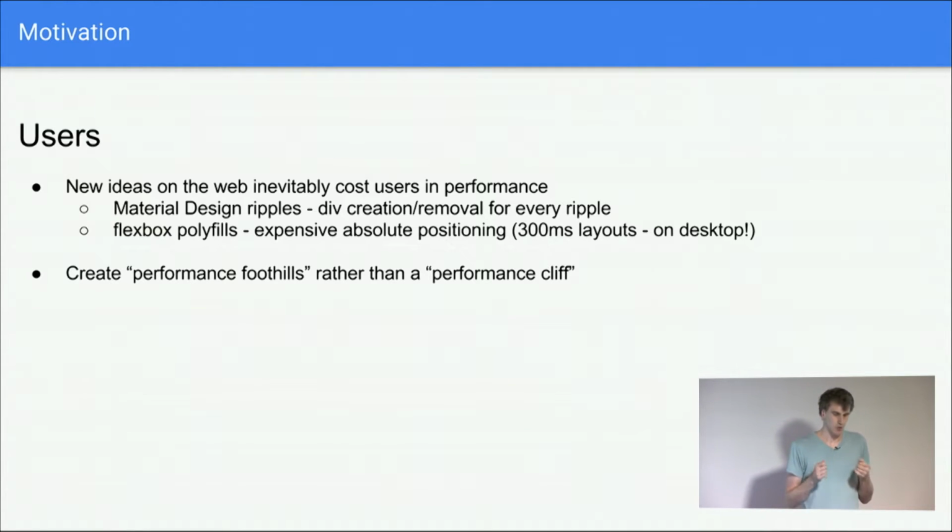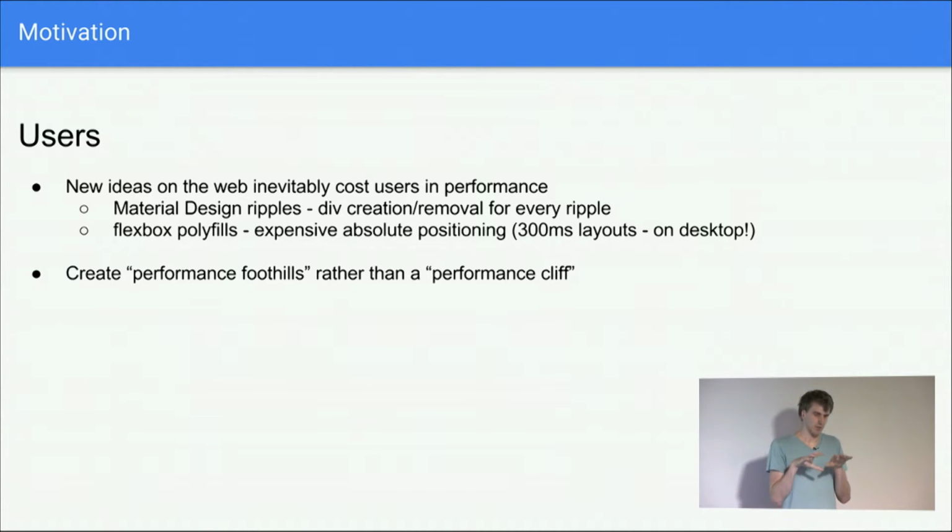Things also like new paint effects as well. Material design ripples is an interesting example of this, where for Polymer they add and remove divs basically once per click. This causes a layout cost. Need to transform, rotate that thing.